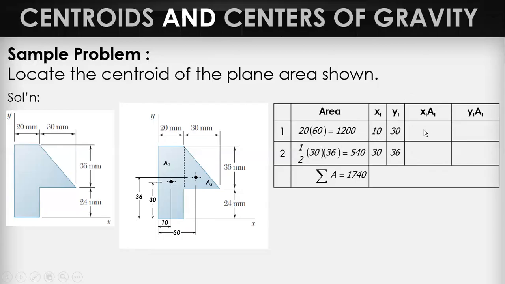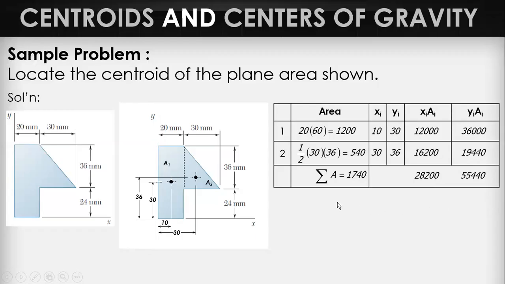Xi times A, y times A, and then x times A, and then y times area. And then i-add, na 36,000 plus 19,440.